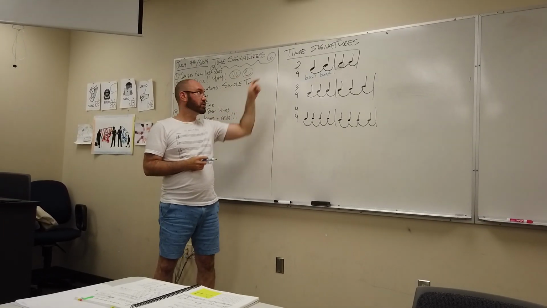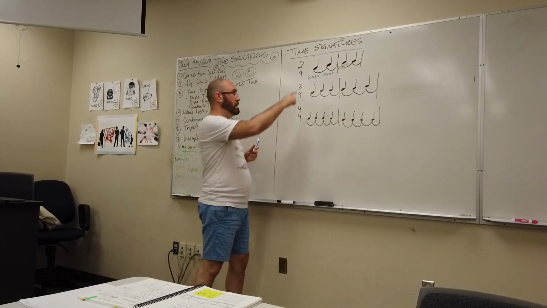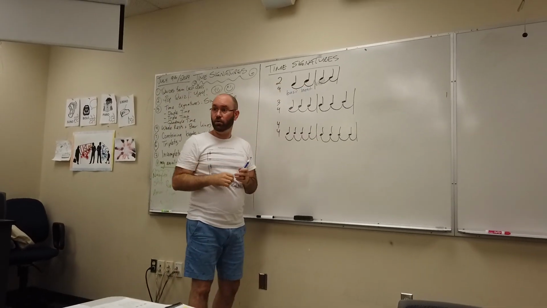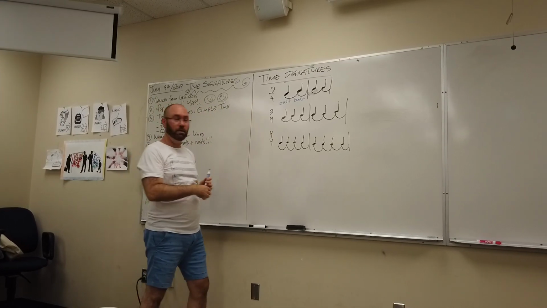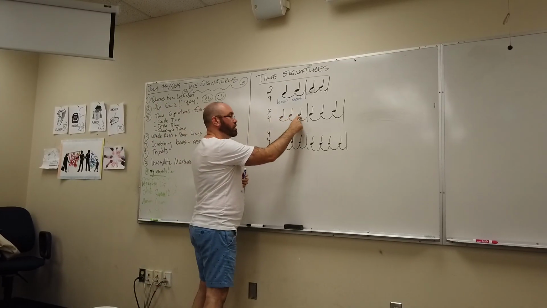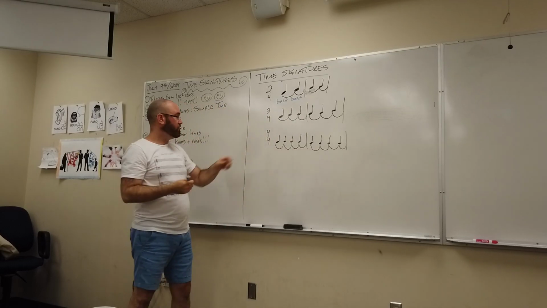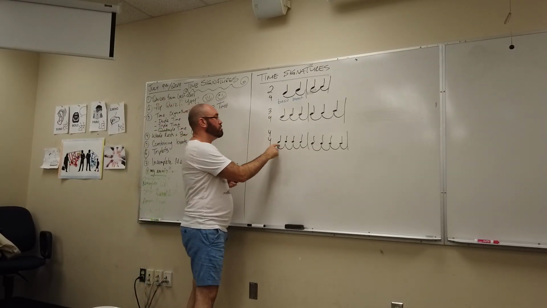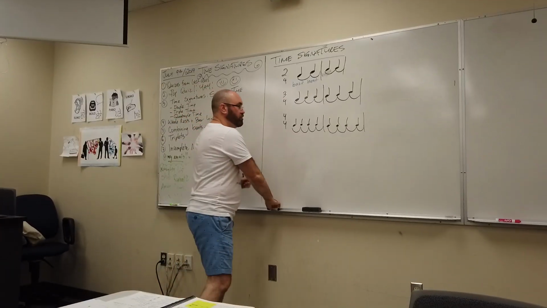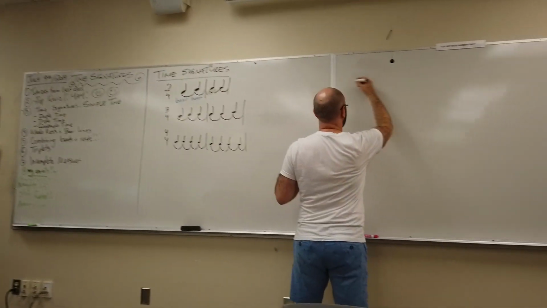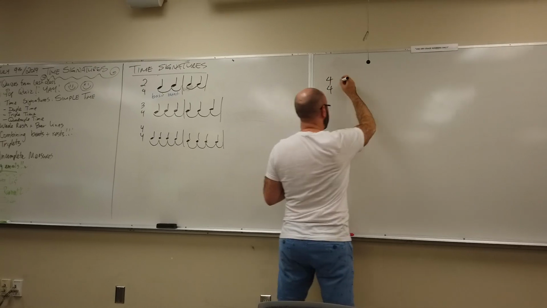If the time signature is 2/4 time, then the basic beat is 2 quarter notes. If the time signature is 3/4 time, then the basic beat is 3 quarter notes. If it's 4/4 time, the basic beat is 4 quarter notes. So a lot of times they might give you something like this.